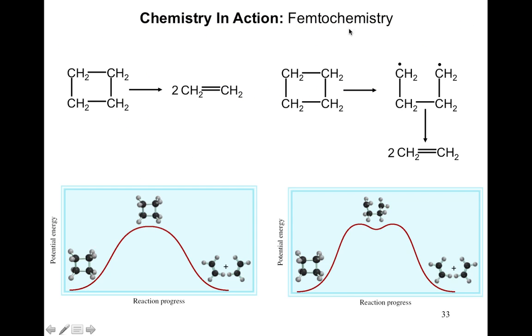This little slide's about femtochemistry. It's basically chemistry of super short amounts of time, how molecules can change in a very tiny amount of time, like 10 to the negative 15th or 16th second, something like that. And it's a way of showing that to get from one organic molecule to another organic molecule, these are the intermediates that are formed.